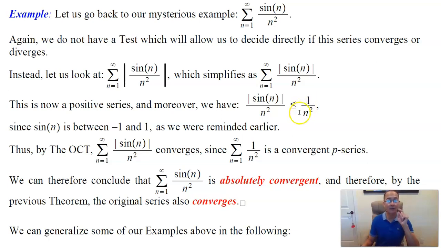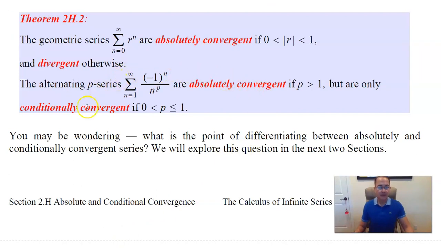Therefore, according to the ordinary comparison test, our series with the absolute values converges. In other words, our original series is absolutely convergent, and according to the last theorem, if you pass the high bar that your series is absolutely convergent, then your original series also converges. Yay!